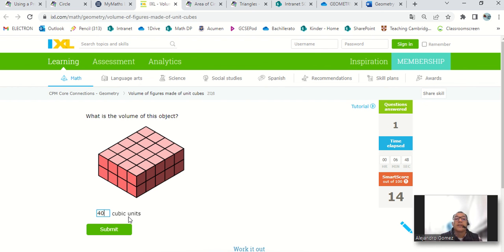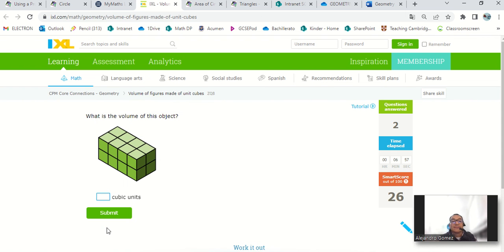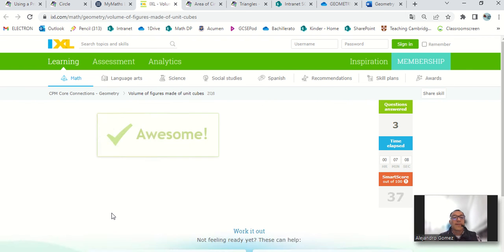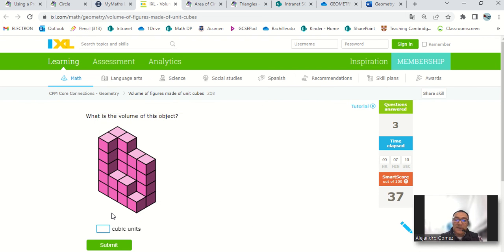So we have to say cubic units. I mean, no unit, no point. Awesome. Now let's do this last one. It is 4 times 4. 1, 2, 3, 4. It is 16. 16 cubic units.